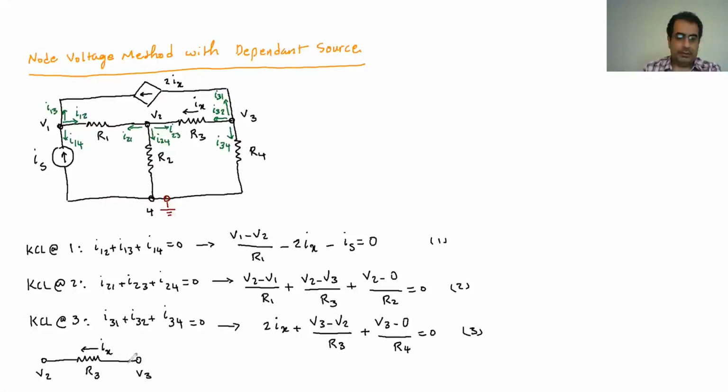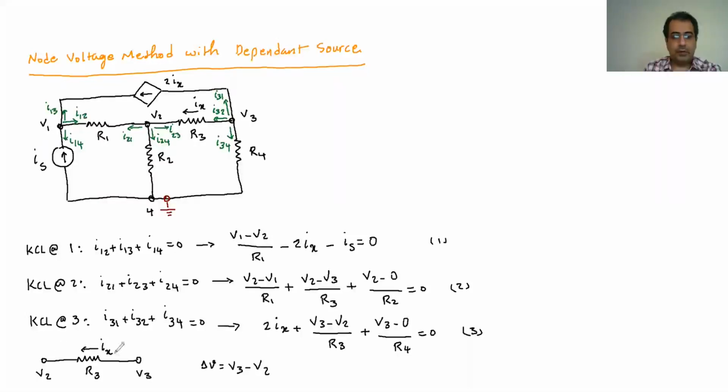What Ohm's law says is that the voltage at R3 is equal to I times the resistance, and the voltage at R3 is the difference of the voltage at both ends of the resistor. So the delta V is V3 minus V2.